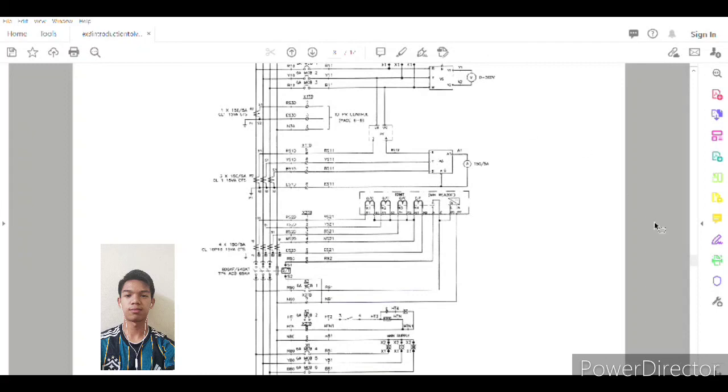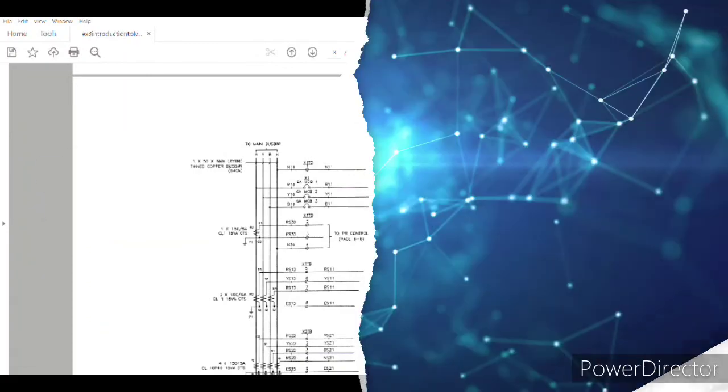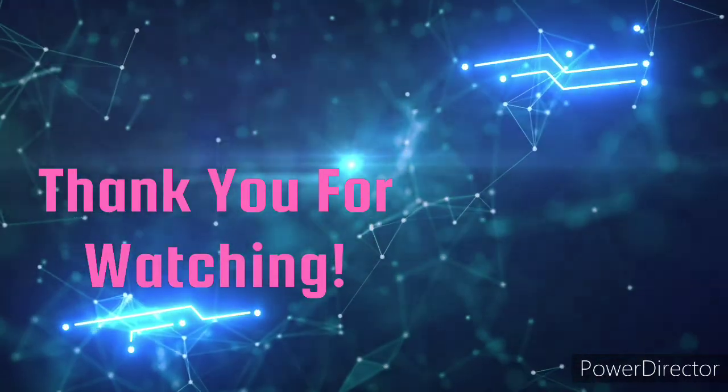The same goes for the VS, as red, yellow, and blue. Above we have the bus bar supply, which is near to the load, which is the main bus bar. Alright, that's all from me. Thank you.